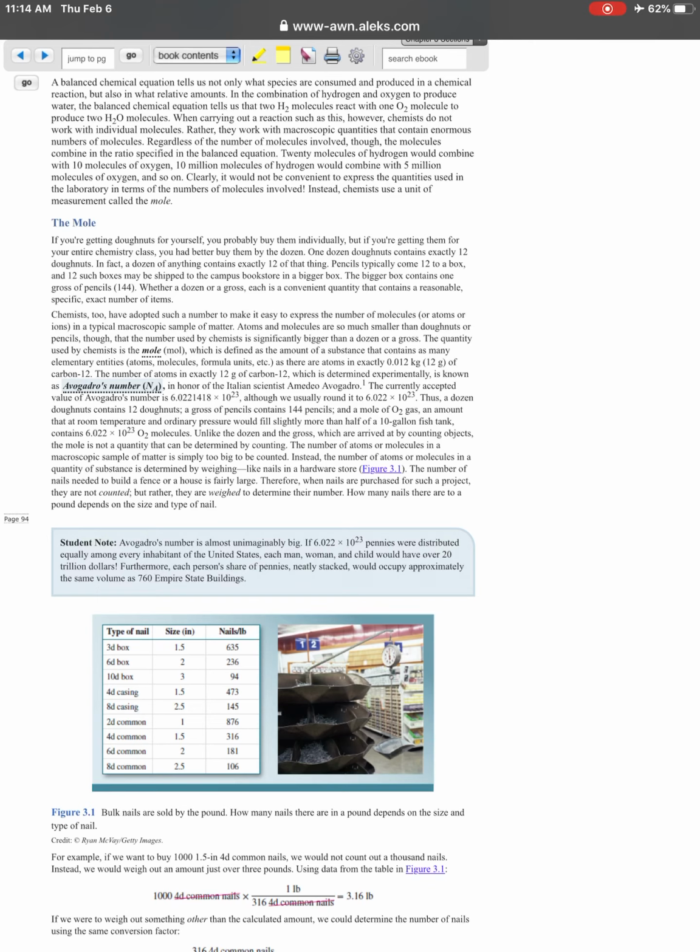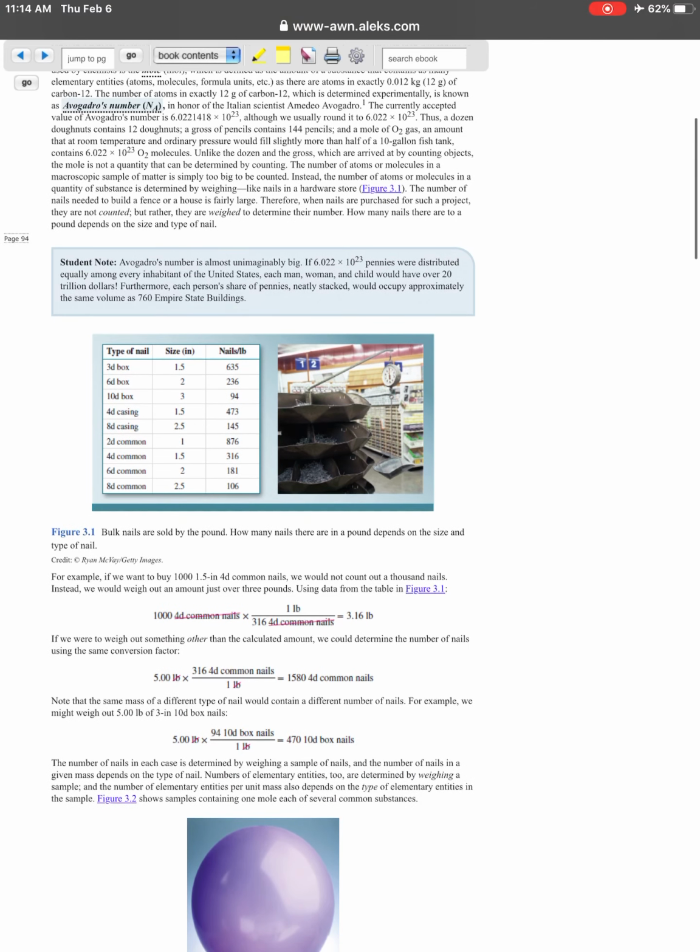So that's our mole. Our mole is defined based on the mass of carbon-12, but we're also going to make the claim that this number, Avogadro's number, is the same thing as a mole. The mole is a counting number, just like a dozen is 12 or a gross is 144. A mole is 6.022 times 10 to the 23rd of something.